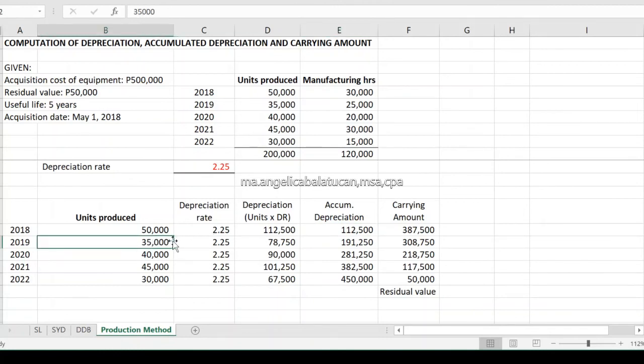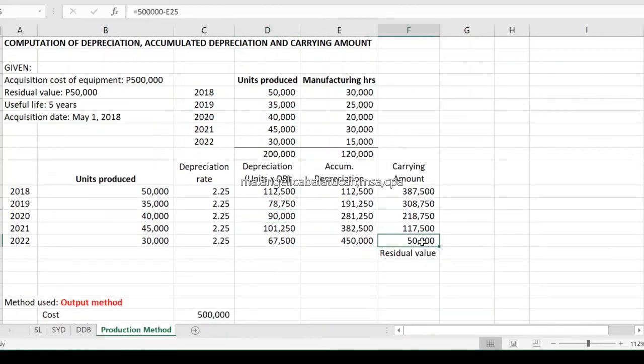Year 2, you have 35,000. Just copy that. 35,000 times 2.25. So that would be 78,750. Accumulated depreciation is the sum of these 2 years. Then, and so on. Just multiply that and you will get the depreciation. And of course, at the end of its useful life, you will arrive with 50,000 residual value.